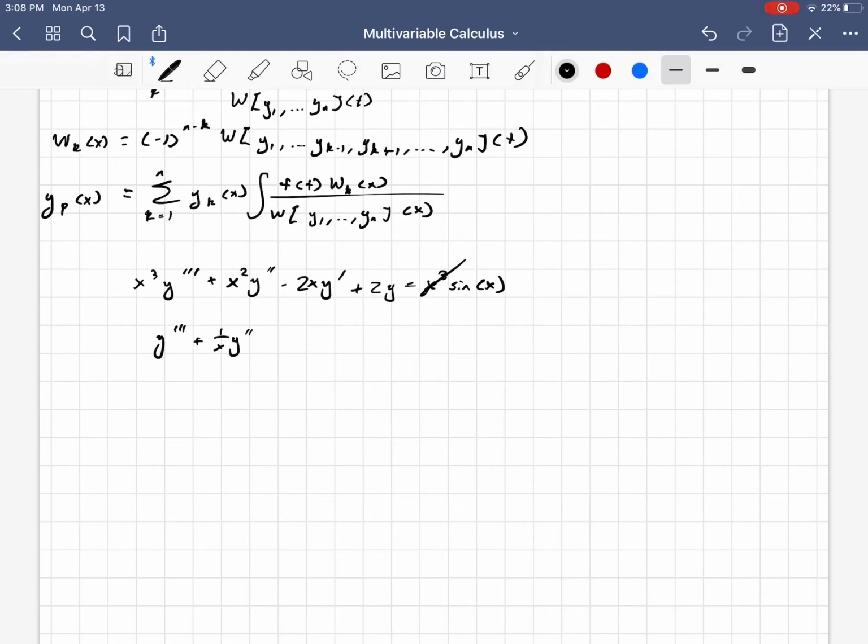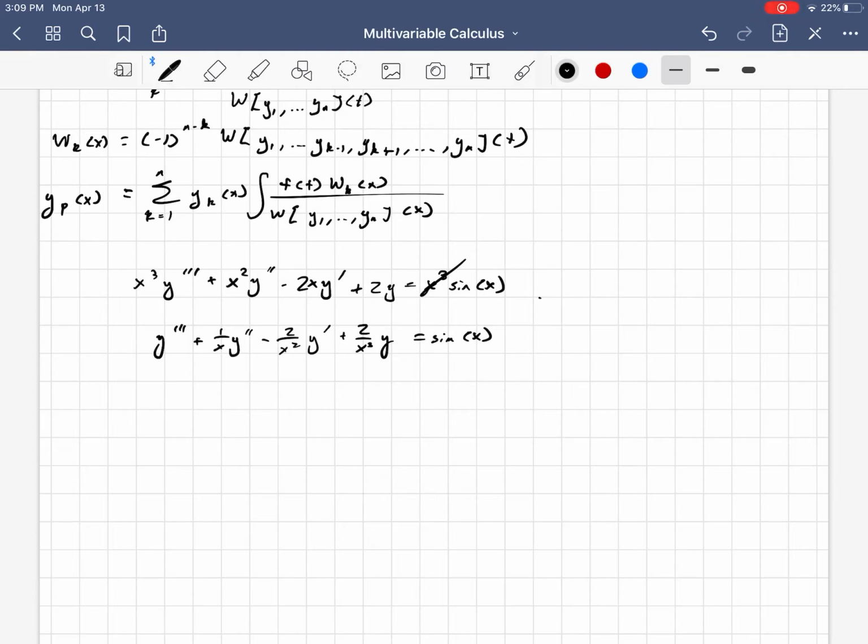I would want it in standard form, so I'm going to divide by it. It's also nice to have an x cubed here, because that's going to go away. So we have y triple prime plus 1 over x y double prime minus 2 over x squared y prime plus 2 over x cubed y is equal to the sine of x.